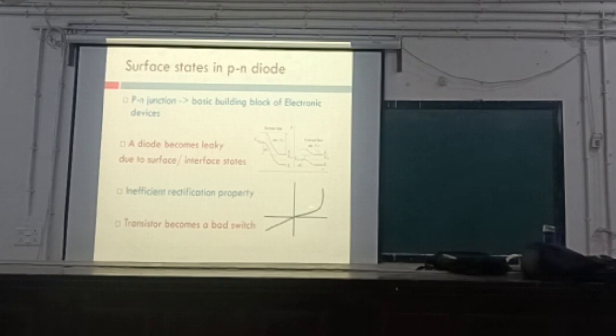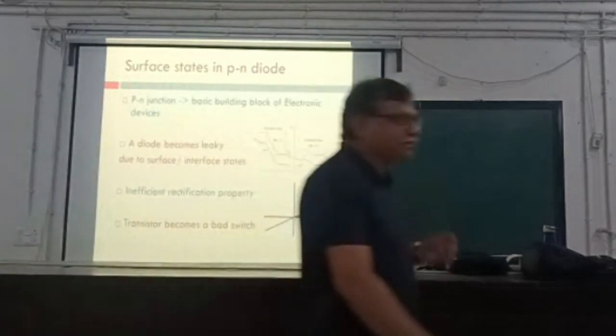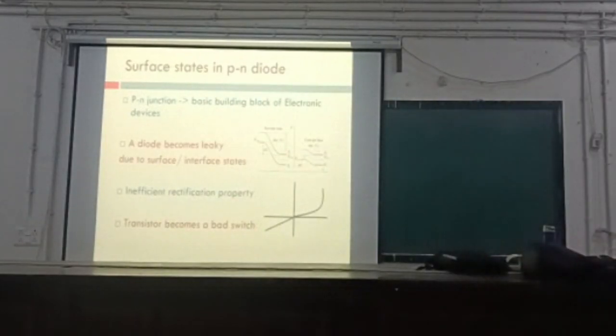It will increase because of the surface states. So then your diode will not be a very good rectifier. Okay, and a transistor will not be a very good transistor. So the logic circuits that we build using transistors will not be very good.